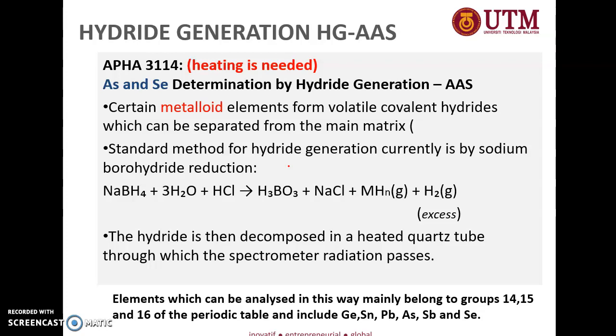This is the most unique feature of hydride generation AAS as compared to flame AAS as well as graphite furnace AAS. In those two methods, we don't have chemical reaction at all. They depend on the atomization of the elements using very high temperature, using flame or graphite tube, usually around 1500 and above, which may not be suitable for arsenic sometimes.